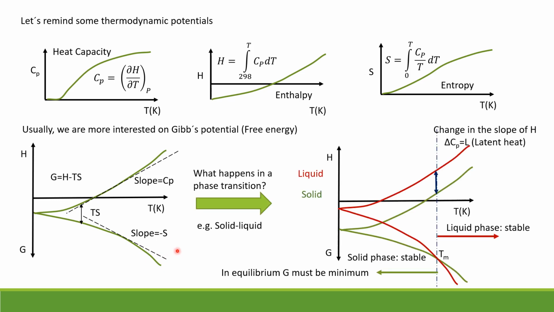In the phase transition, what happens? For instance, let's consider one simple phase transition, from solid to liquid. I have the liquid, this is the enthalpy, this is the Gibbs function, and in the solid, this is the enthalpy, this is the Gibbs function. As you know, at the melting point, where the phase transition occurs, there's something we know as latent heat.